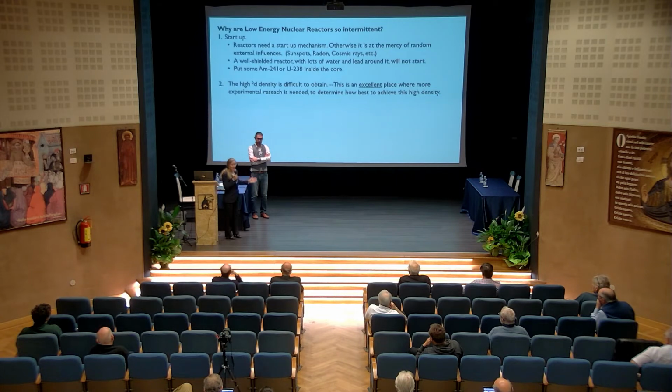So sunspots, how much radon is in your foundation, cosmic rays, etc. So it might be better to include a little piece of a starter in your reactor so that you're not dependent on random events.